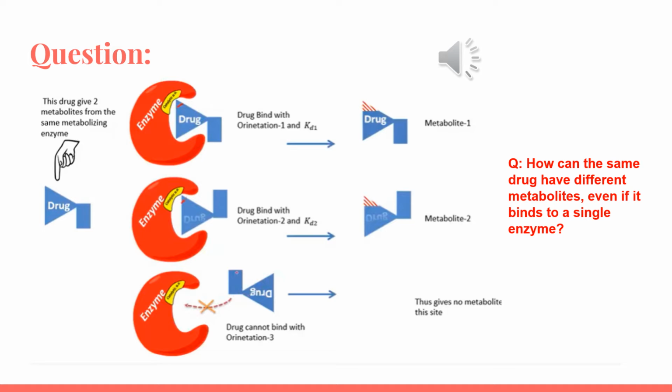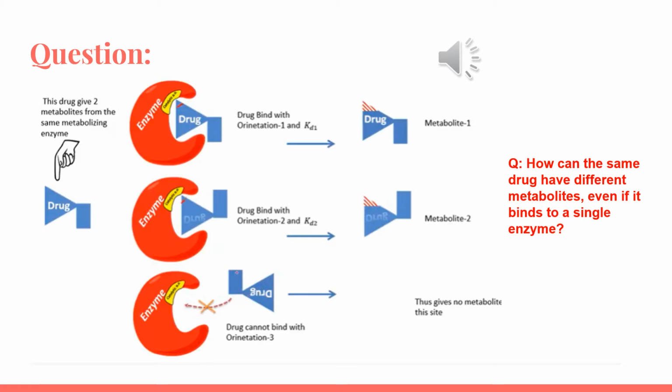How is that possible? Because the same drug can bind to the same enzyme in different ways, meaning this drug can bind to a specific region in the enzyme in orientation 1, giving metabolite 1 in a certain percentage. The same drug can bind to the same enzyme but on a different site, yielding metabolite 2 maybe in a higher concentration.